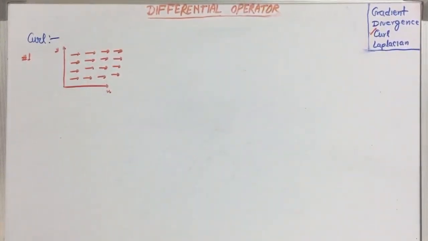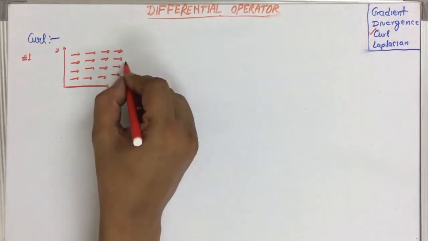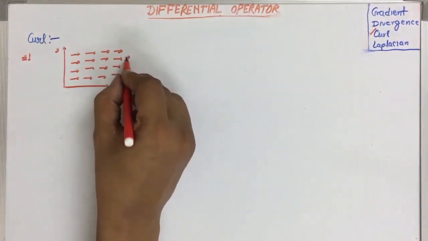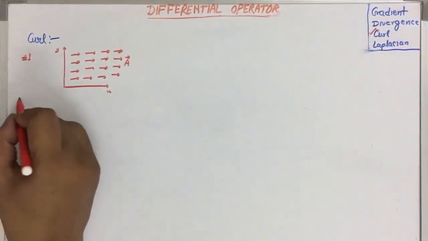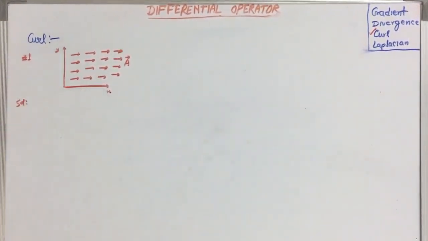So we have to find the curl of this field. Just you can say the field is A. Now we have to find this.